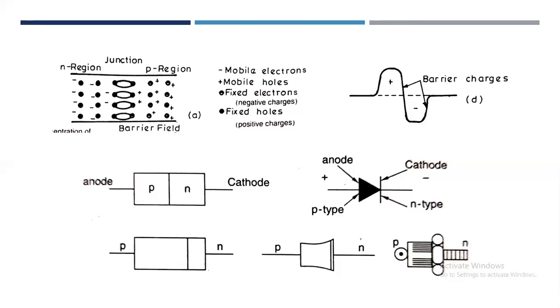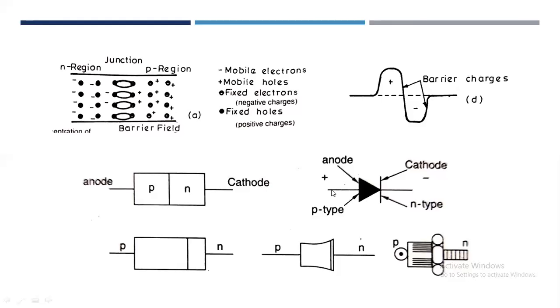There are many diode types and applications in electronic circuits. As you can see in this figure here, a few of the structures are shown here as devices. This figure shows the various notations for a PN junction diode. The P type and N type portions of the diode are called anode and cathode, which is shown here. P side is called the anode and N side is called the cathode.